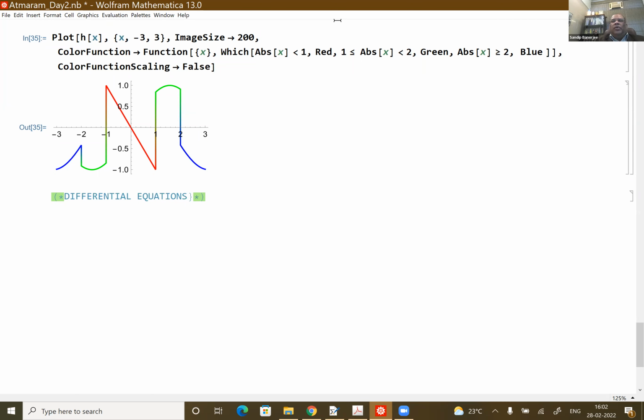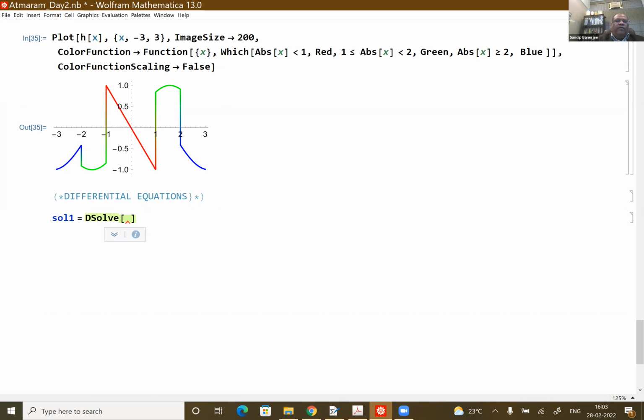Let me check any questions. No. Okay, fine. So for differential equation, so this is some solution 1. You can just write solve 1. The command is DSolve.